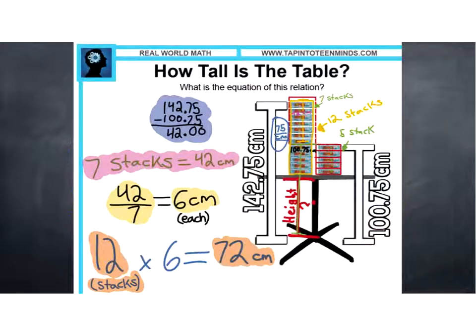Students would ultimately solve it using their own inquiry and intuition, and then we would formalize what they're actually doing, which would be the introduction of the slope formula, y2 minus y1 over x2 minus x1.